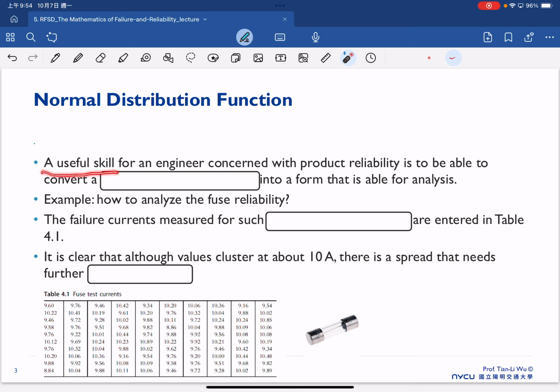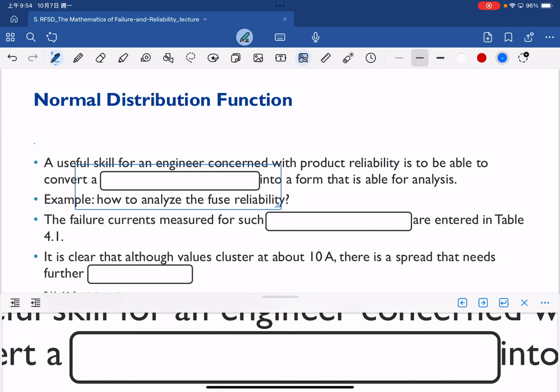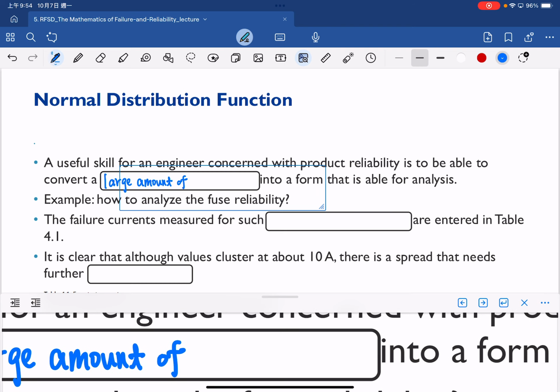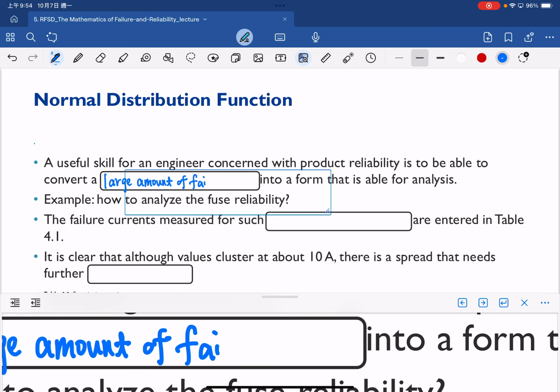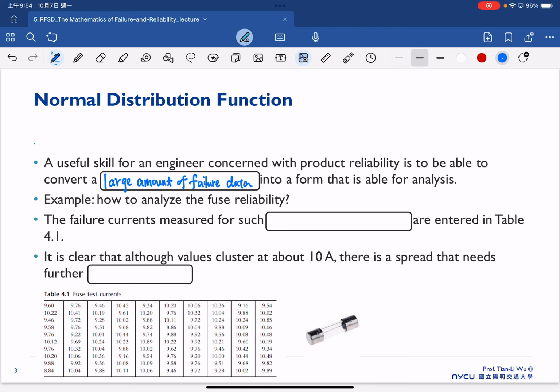A useful skill for engineers concerned with product reliability is to be able to convert a large amount of failure data into a form that is suitable for analysis.